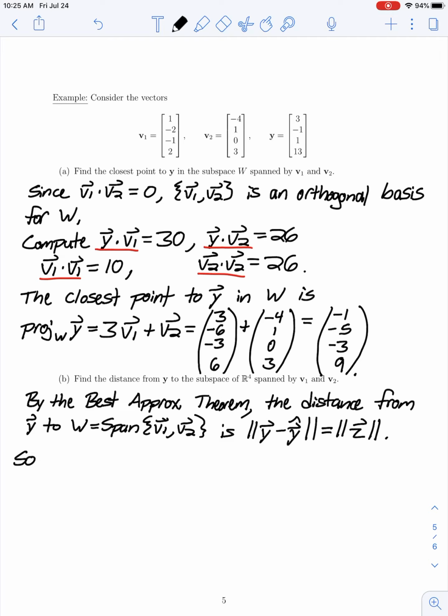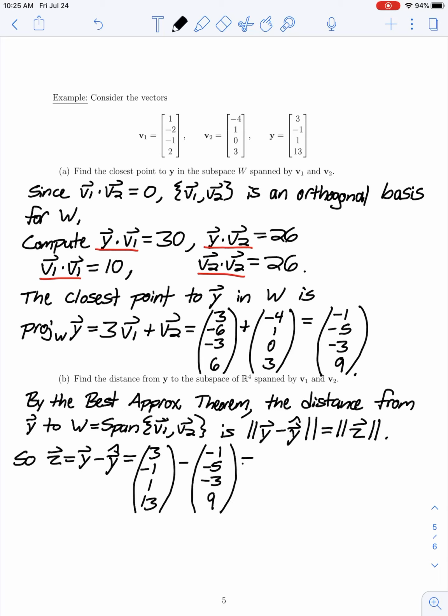So let's compute that vector z, which is found by taking y minus y hat. Well, y was the vector 3, -1, 1, 13. And then we are subtracting the vector y hat, which we just found to be -1, -5, -3, and 9.